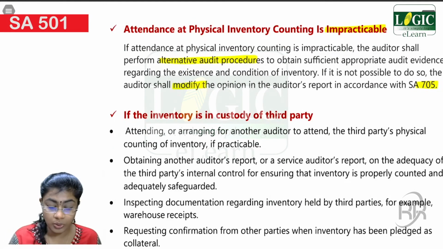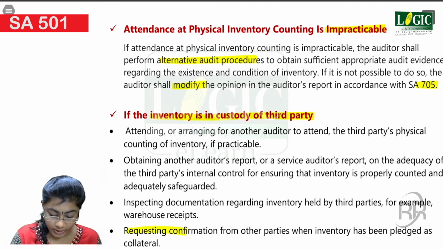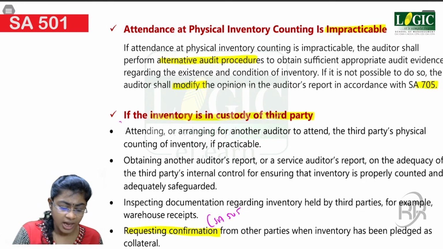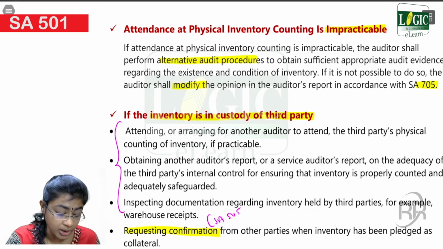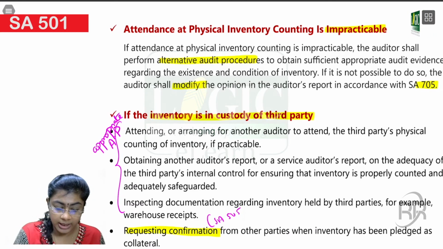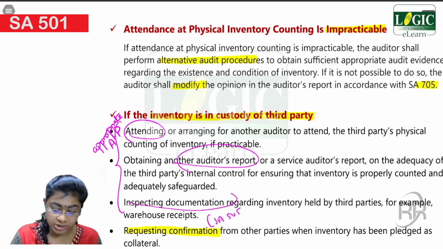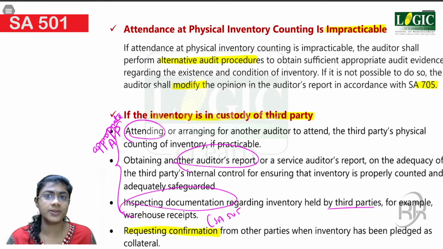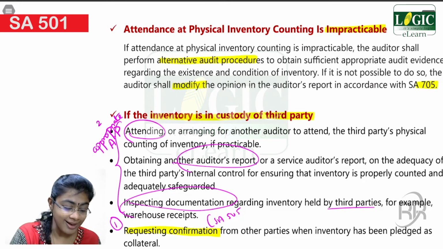Finally, we said if inventory is in the custody of a third party, you can request confirmation, SA 505, as well as you can use other appropriate audit procedures like attending, obtaining another auditor's report, inspecting the documents maintained by third parties, etc. So we wrote this as 1 and this as 2.